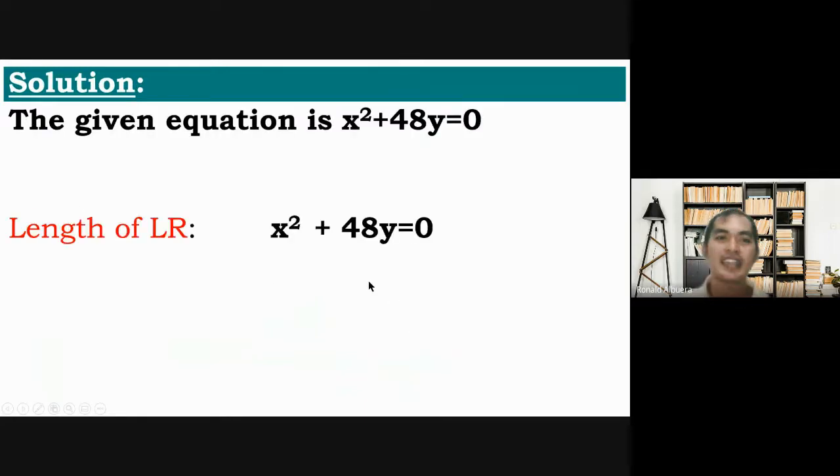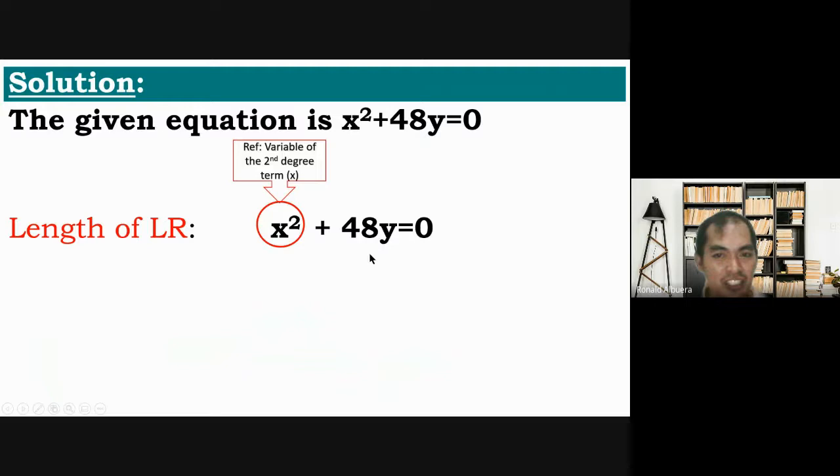Okay? Tingnan natin. The length of LR, halimbawa hindi mo siya nilipat to the right. Okay, ang titingnan nyo lang ay kung ano yung may square. That's your reference of the variable of the second degree. Sabi dito, variable of the second degree term, which is x, that's your reference. Ang kukunan mo ng LR, yung walang square na variable. Ang walang square na variable, itong y.